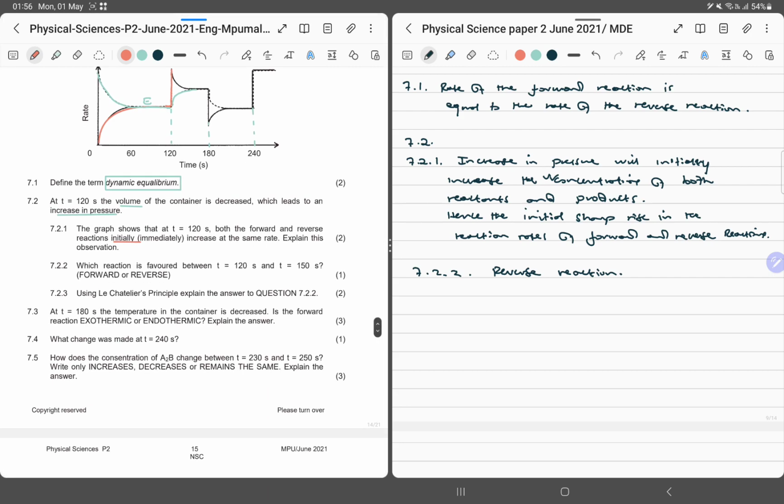So they're asking a question using Le Chatelier's principle. Explain the answer in question 7.2.2.